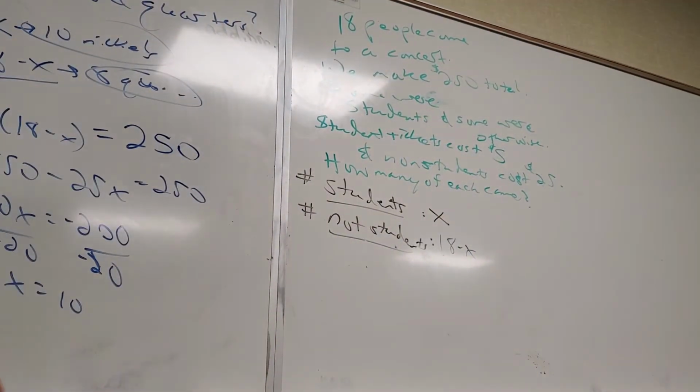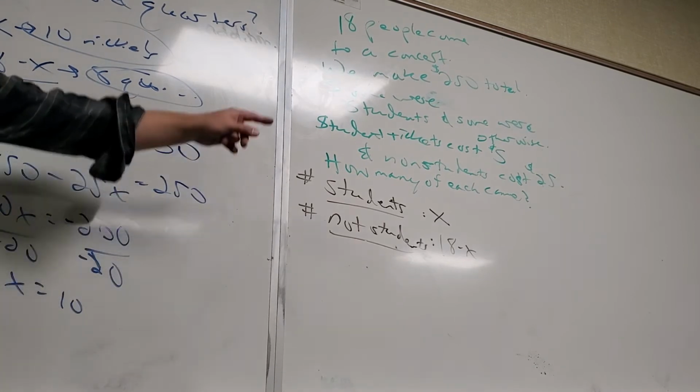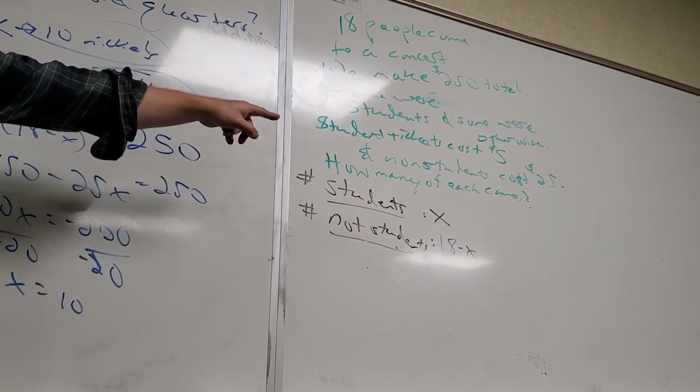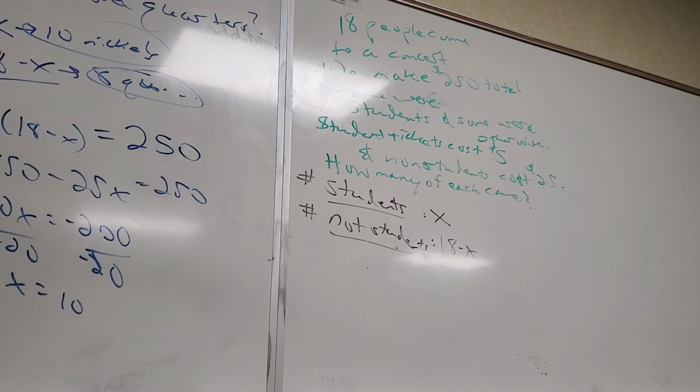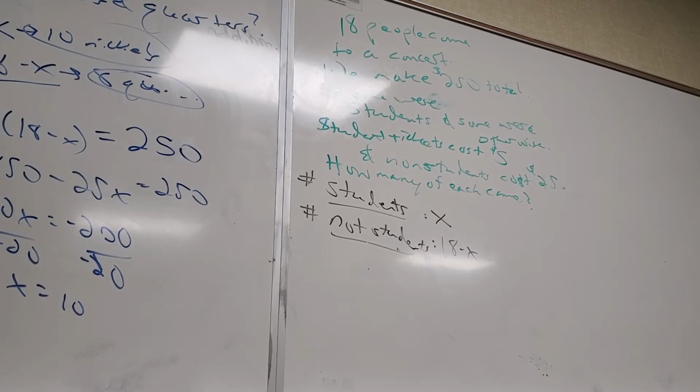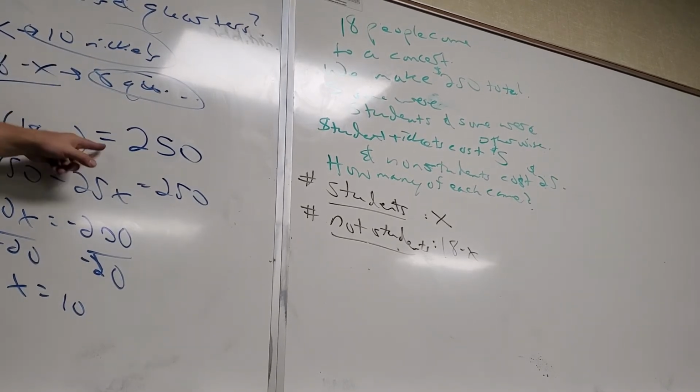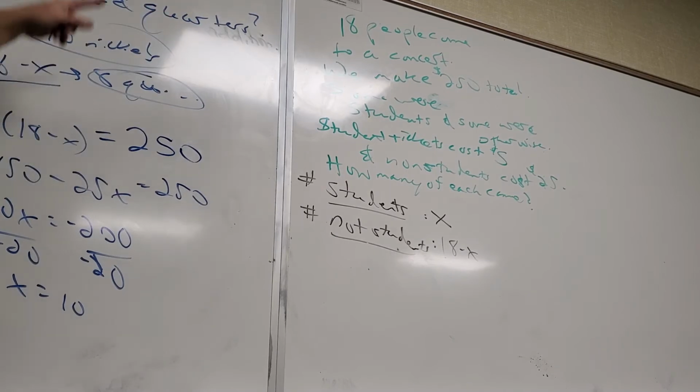Now, how much money did I make off each student? $5. 5x. How much money did I make off all the other ones? 25. Not x, but 18 minus x, right? 25 for each of them, 5 for each of them, and all together I made $250. That situation came out to be the same equation.